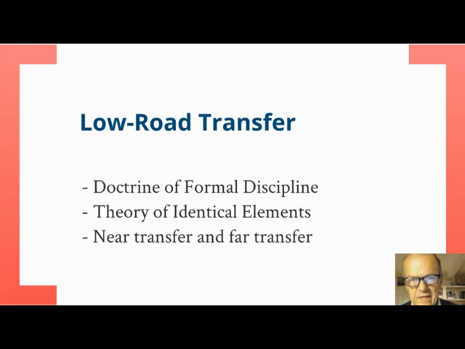So his idea is that in order to be able to transfer a learned skill from a learning environment to an application environment, there need to be identical elements, similarities between the learning environment and the application environment. And these similarities are required, so to speak, to make transfer possible.